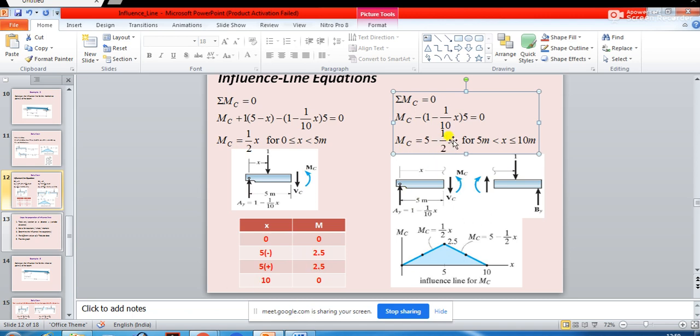So you put x equal to 10: 10 by 2 is 5, 5 minus 5 is equal to 0, so the MC value is going to be 0. Thus you are going to get the influence line diagram of bending moment at C in this fashion.